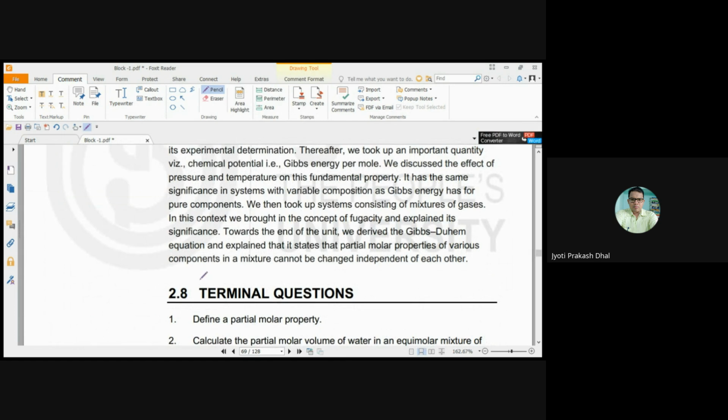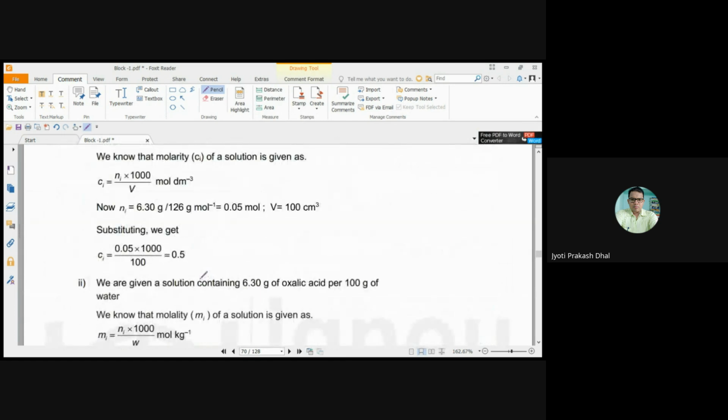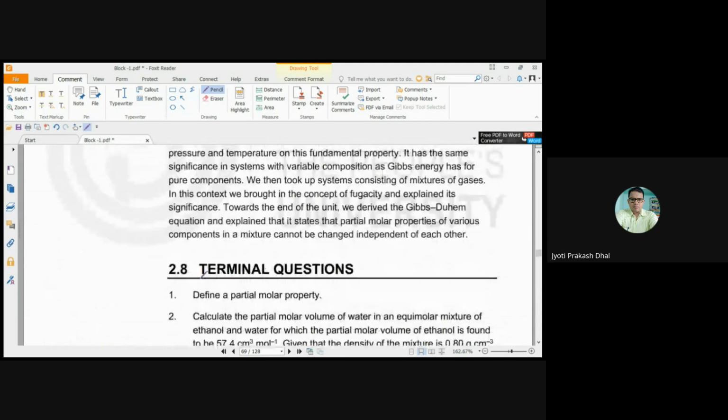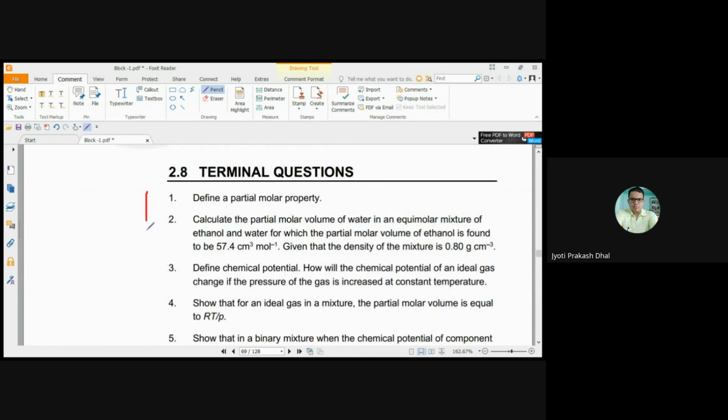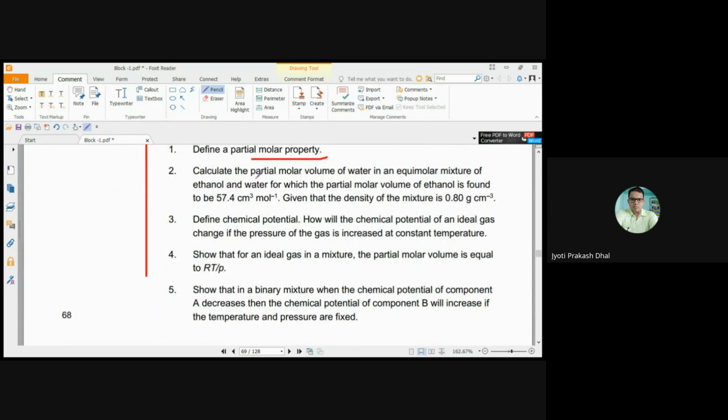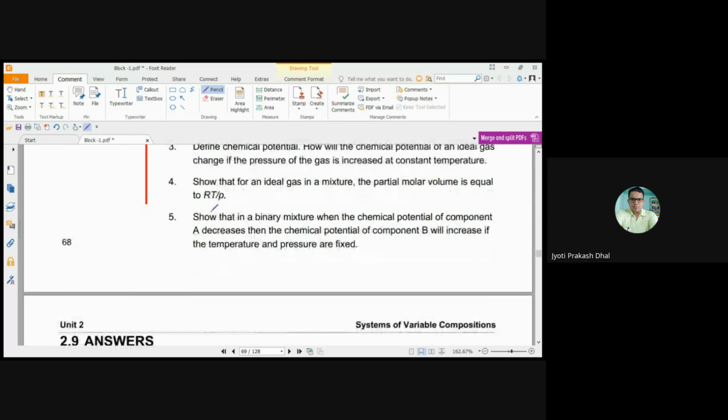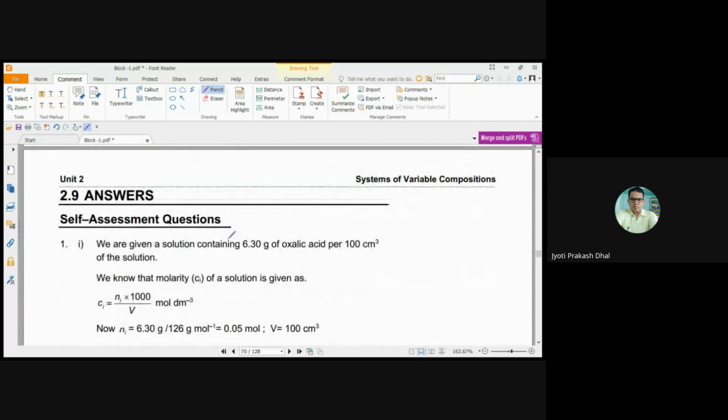These are some terminal questions, so you can easily solve them. These are theoretical questions: define partial molar properties, and calculate the partial volume of water in an equimolar mixture of ethanol and water. All these solutions we have discussed.